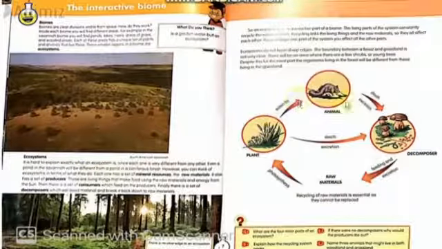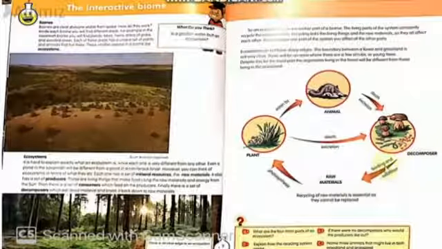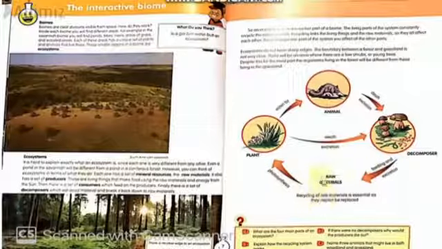Like a plant is eaten by an animal, it gets decomposed after dying or after excretion, and then decomposers feed on the excreted and dead matter, and then it becomes a raw material, and the raw material is again used by the plants to produce food. So this is a cycle that keeps on repeating. That is why it is called an interactive biome. Even if one factor gets disturbed or is missed out, the whole system will get affected.